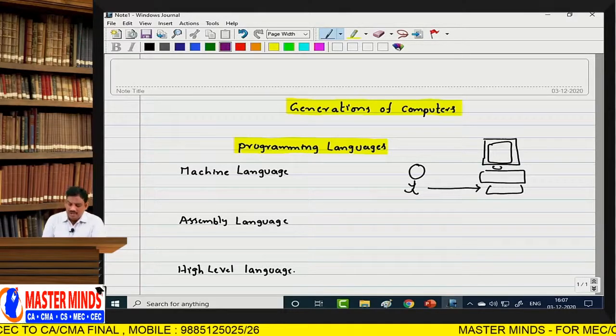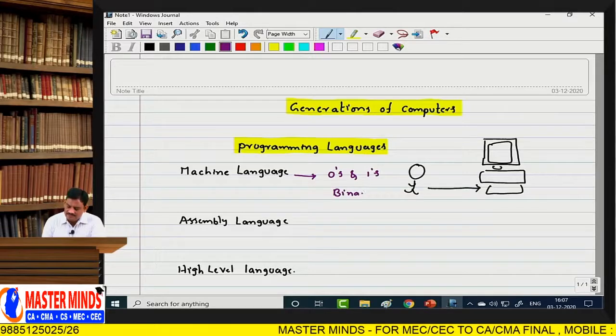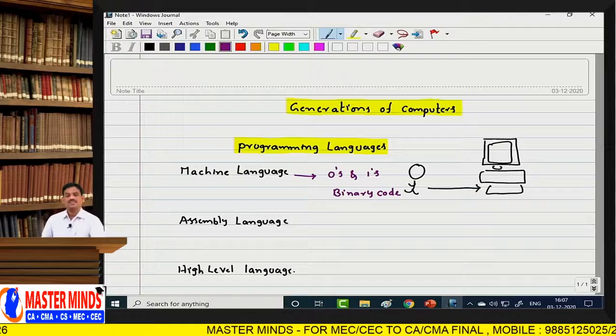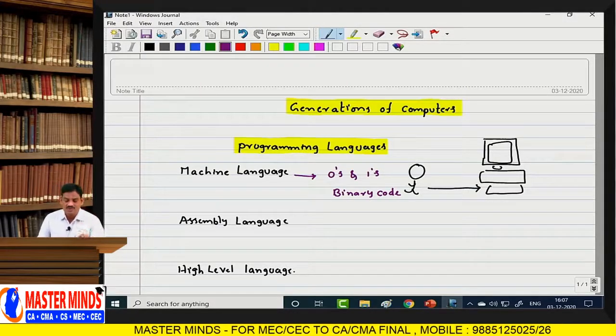See, a language in terms of zeros and ones is called binary codes.